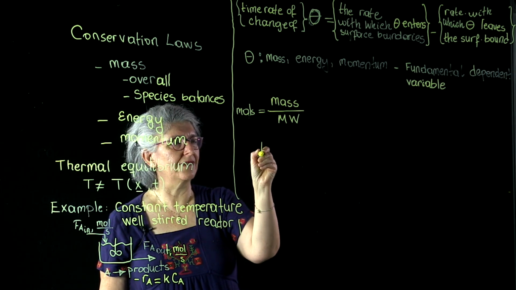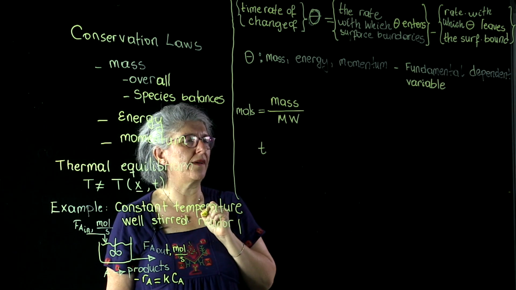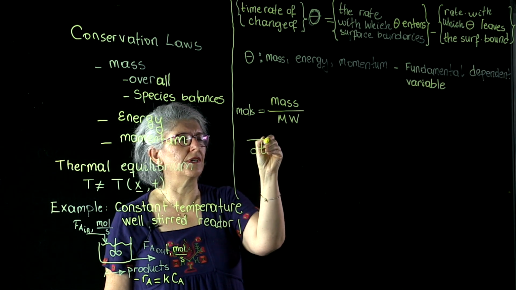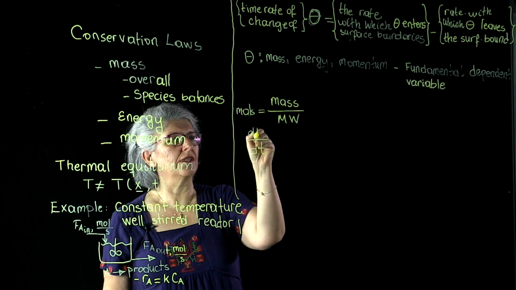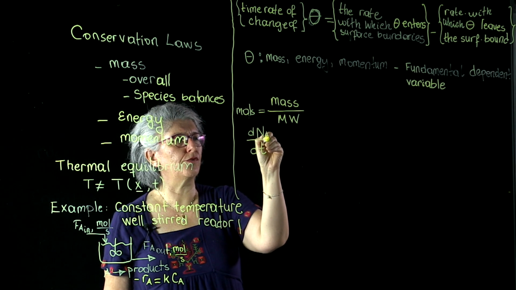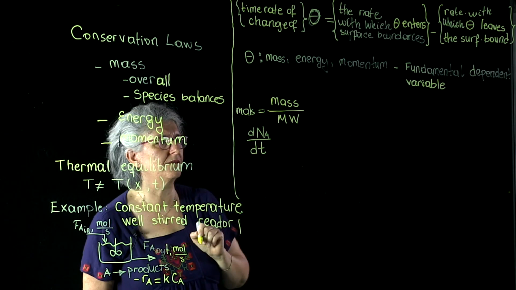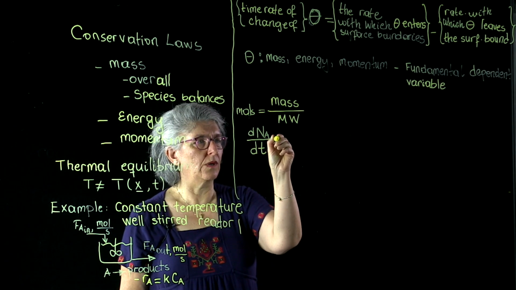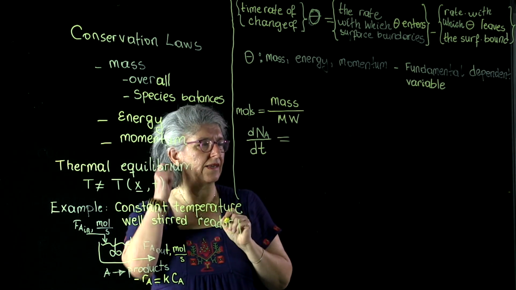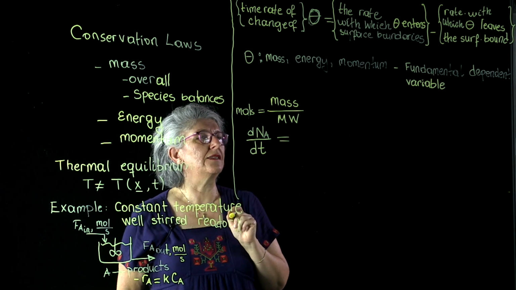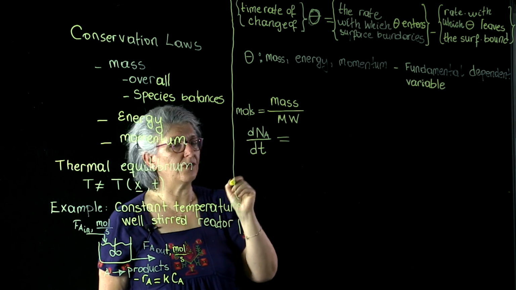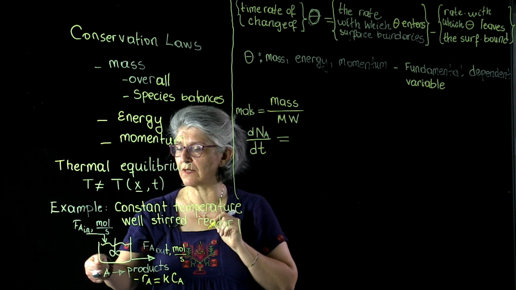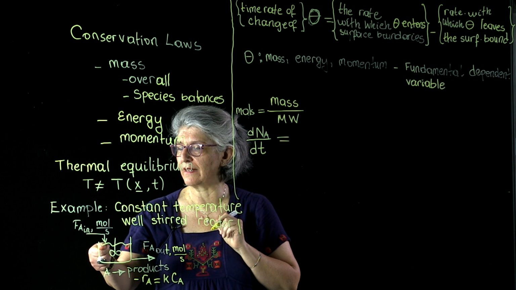Now I'm using the language of math. Time rate of change of number of moles of component A within the system boundary, where NA is the number of moles of A within the system boundary, is equal to the rate with which moles enter through our system boundary. Our system boundary is this reactor.